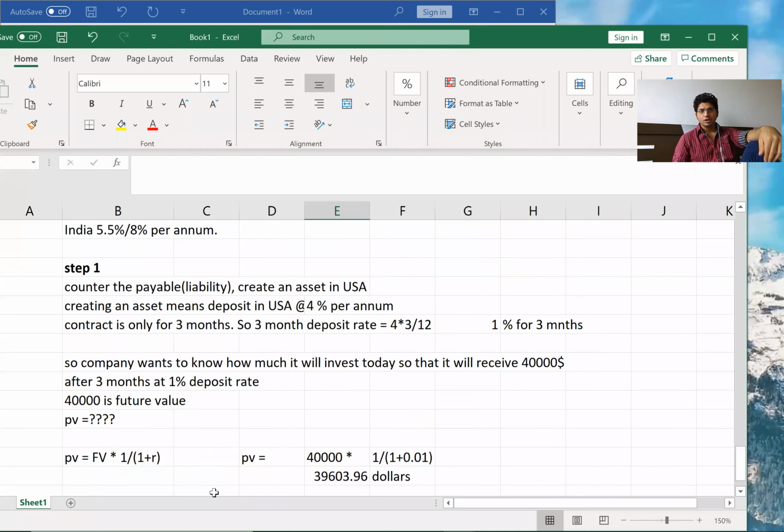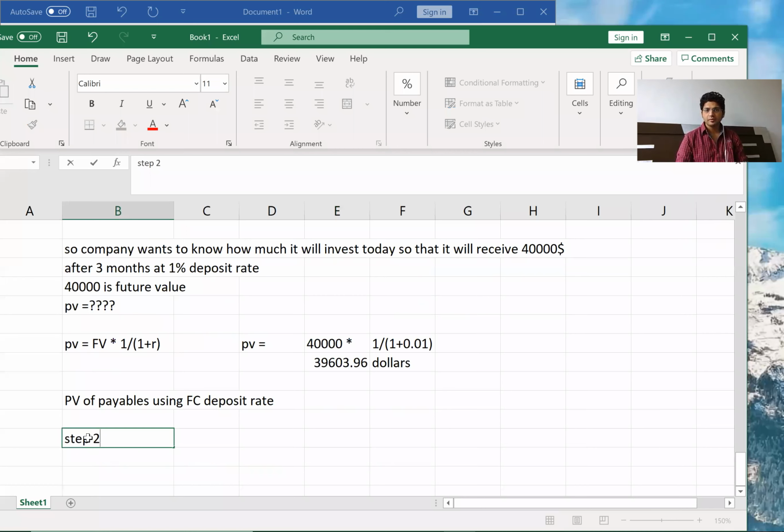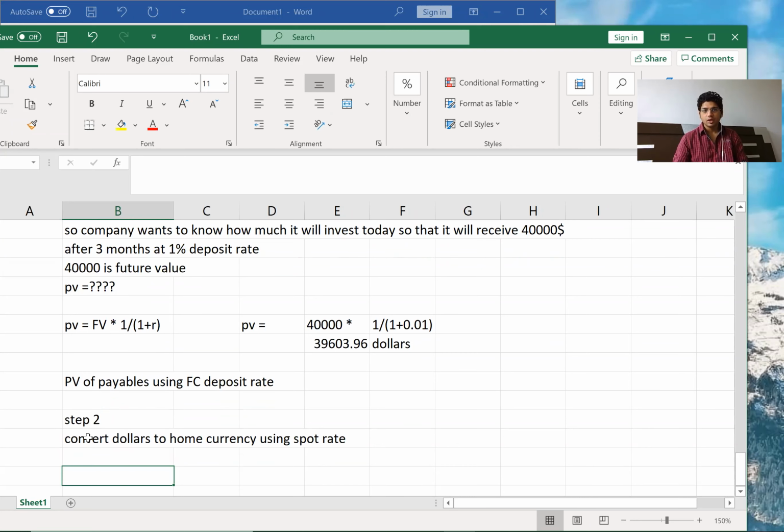Next. But I am an Indian company. So what do I need? I need to convert dollars to home currency, using the spot rate, because that is the only rate I have. But can I use the spot rate? Of course I can. Why? Because now this $40,000 I have got in present value, in today's terms.